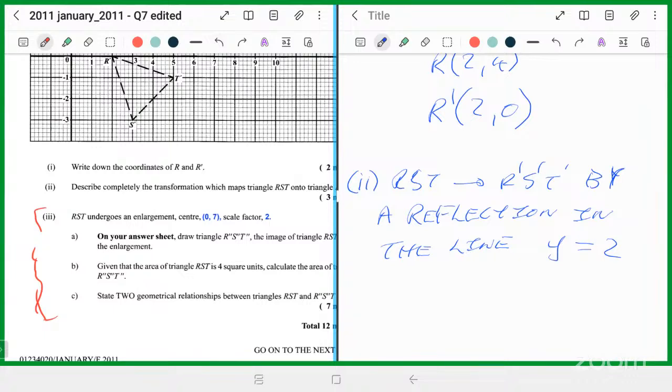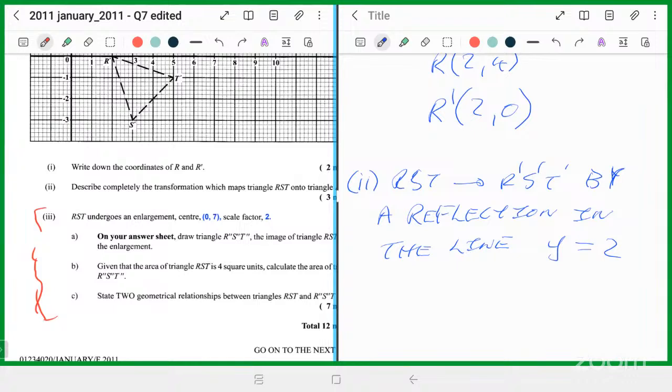So remember, this is not the origin. The center of the enlargement here is not the origin, so we can't use the matrix 2, 0, 0, 2. We're going to have to construct it. The key thing to remember about enlargement and the scale factor is that the scale factor affects the distance from the center of the enlargement.